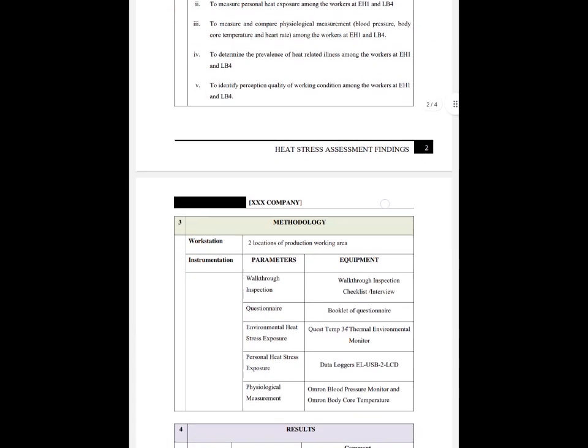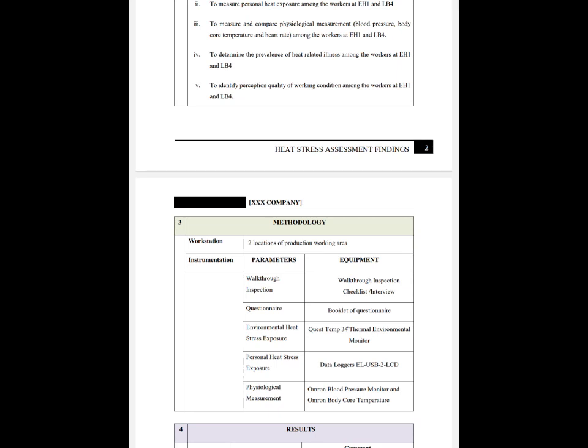And then in the methodology of the executive summary, they list all of the parameters involved in this heat stress assessment: a walkthrough inspection, questionnaire, environmental heat stress, personal heat stress, and also physiological measurement.